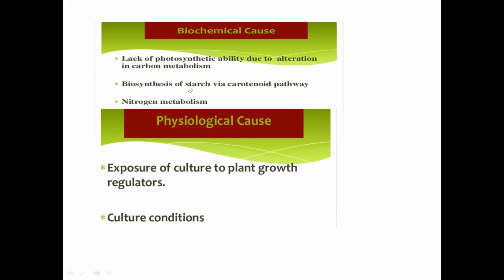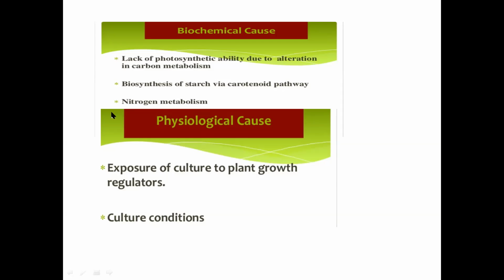Normally primary metabolites like starch are synthesized using the Calvin cycle. But the carotenoid pathway is a secondary metabolite pathway. So if there is a change in the pathway of synthesizing starch, there can be a variation.